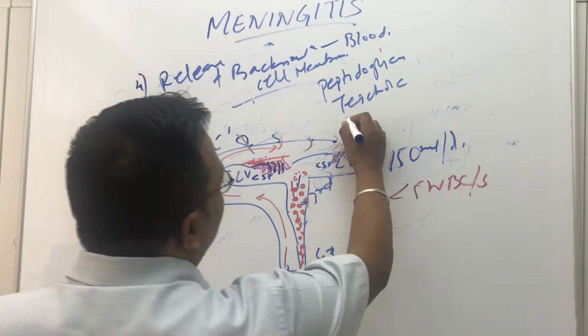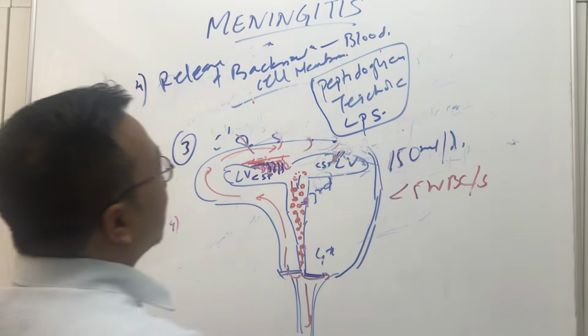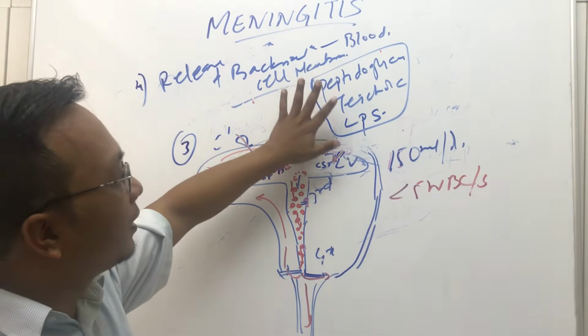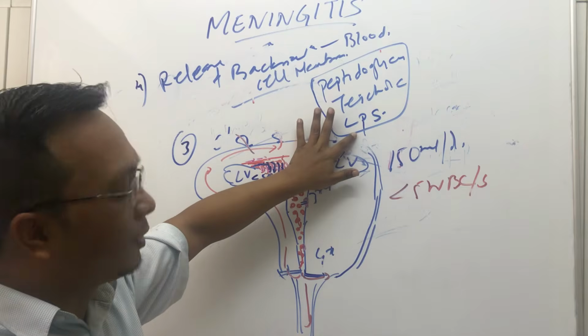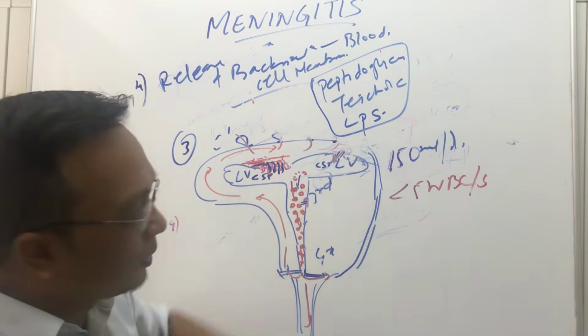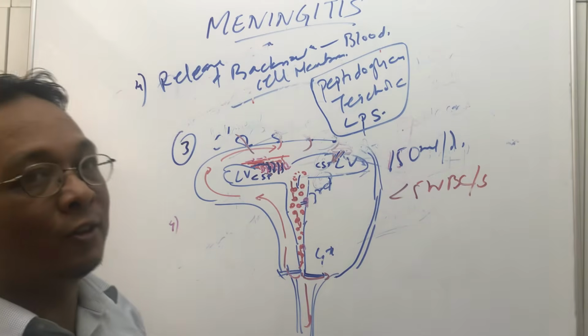They also contain lipopolysaccharide. So when a bacteria dies, they release this peptidoglycan, the teichoic acid, and lipopolysaccharide molecules. These will ignite our immune system.